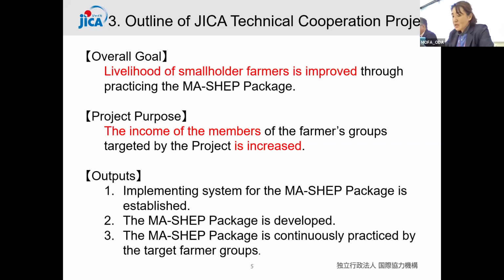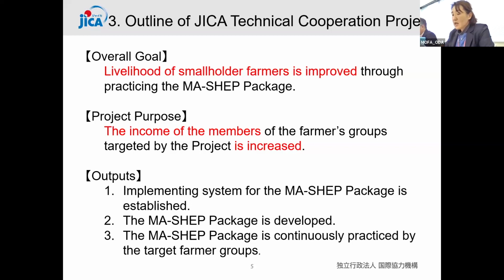So it means that JICA provides technical assistance to the government officials, and then they understand the concept, internalize and institutionalize it in their own countries, and then disseminate the concept.